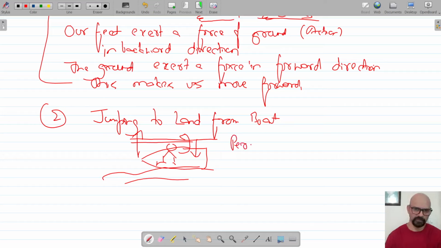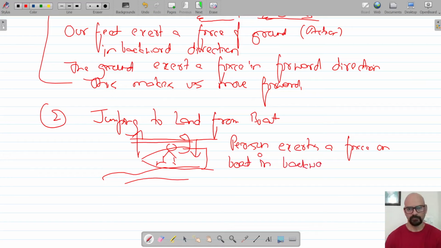So the first one here is that the person exerts a force on the boat in the backward direction. The two objects are the person and the boat, and this force is called action.